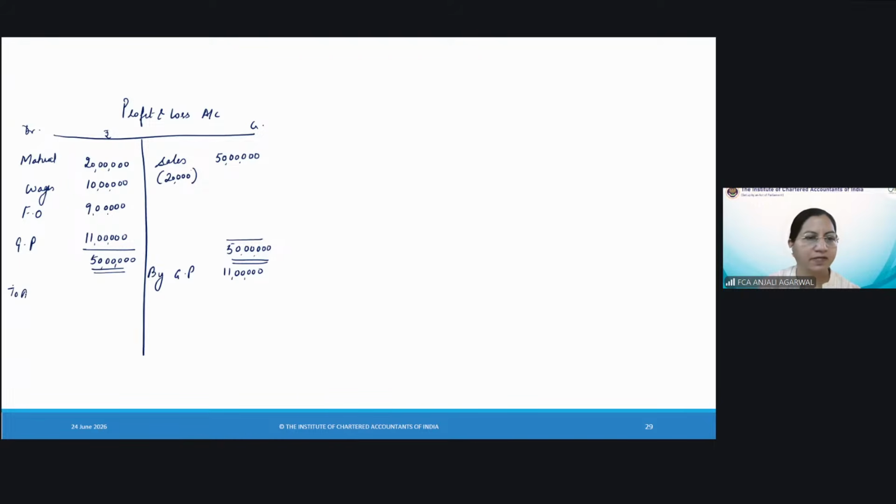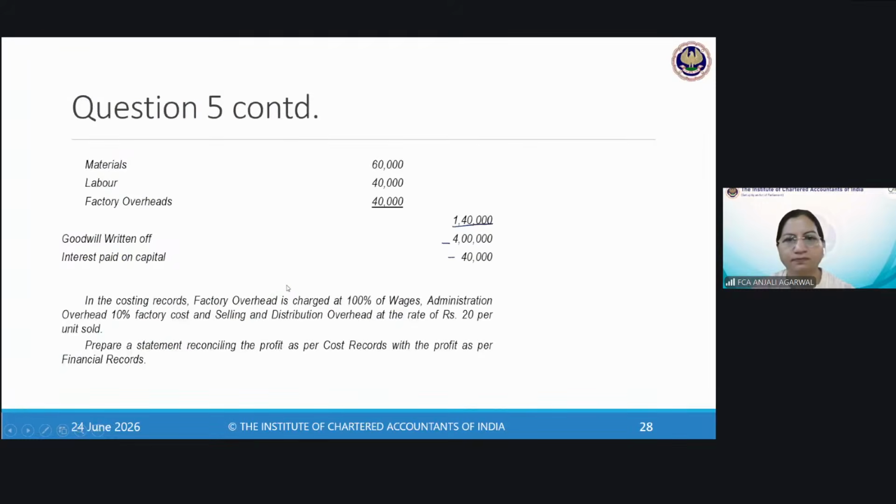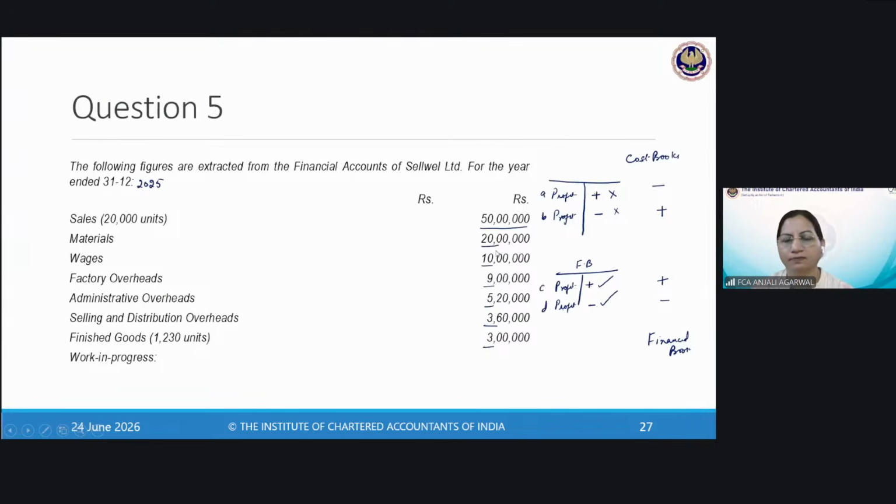To administration expenses, to selling expenses, to interest, to goodwill written off. Administration is 5,20,000, selling is 3,60,000.